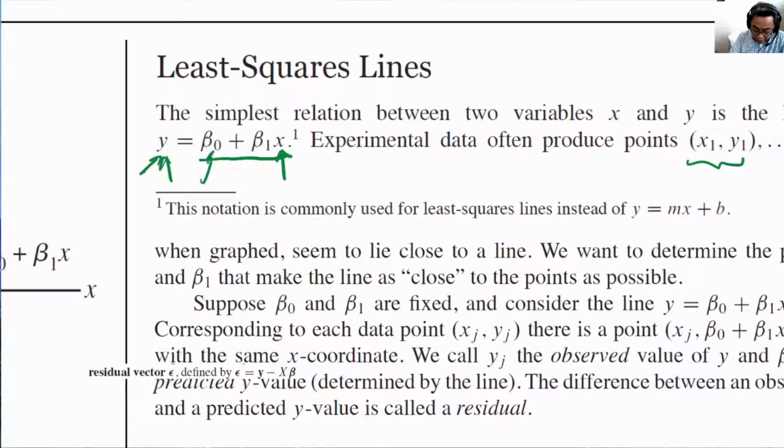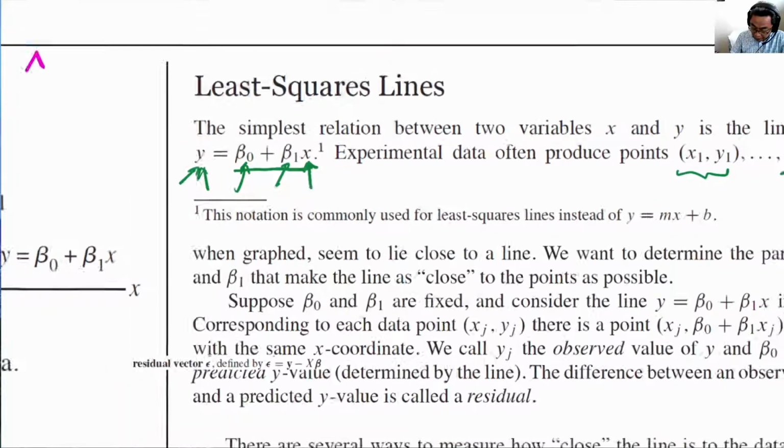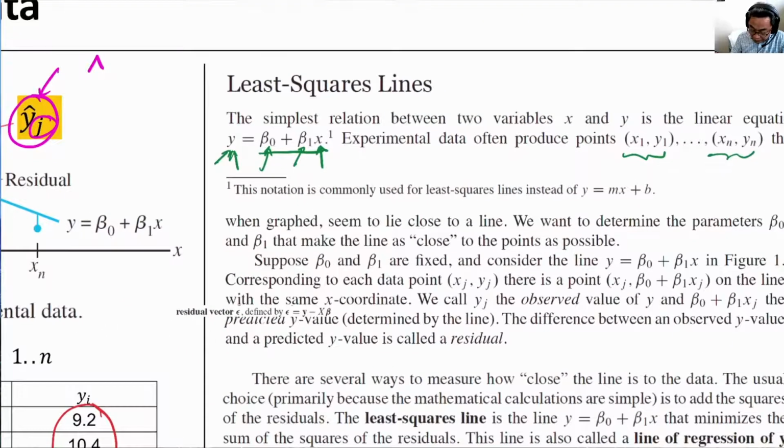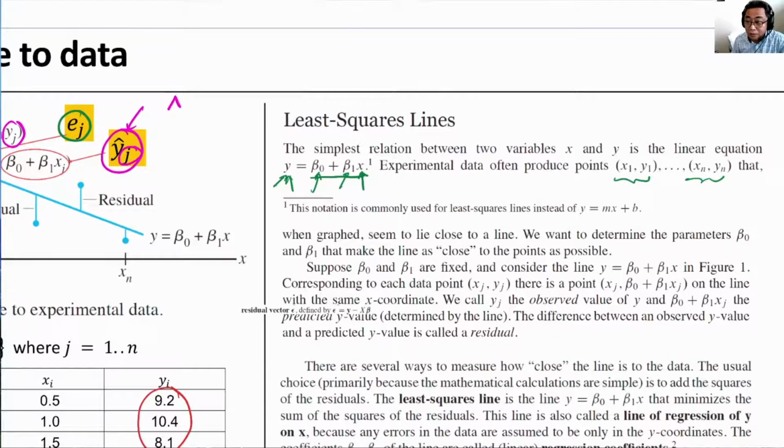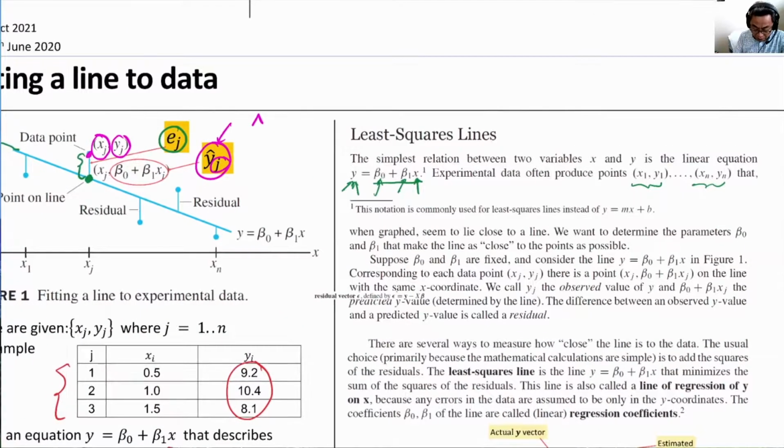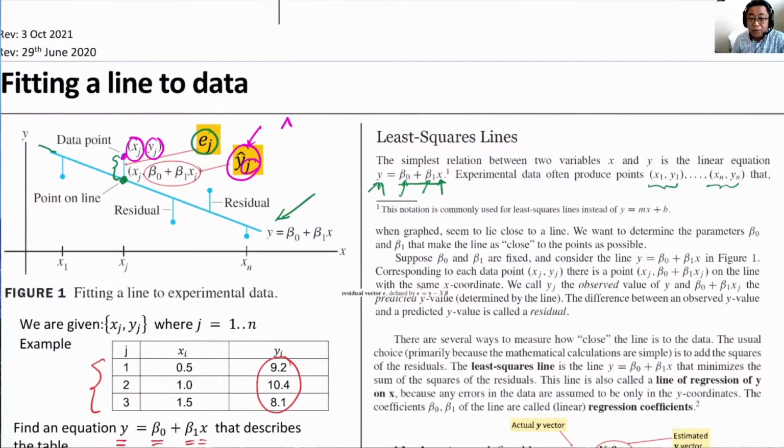We have just added beta 0 and added the relationship that it will be x times beta 1. So this is the simplest of the linear equations that we can think of. And although it's very simple, if your data is well represented by a linear line, this is a very good way to find beta 0 and beta 1.